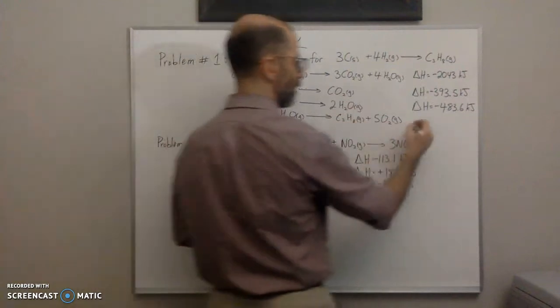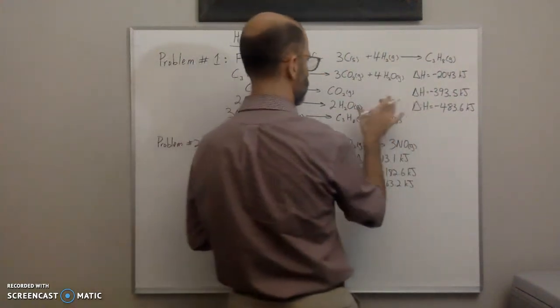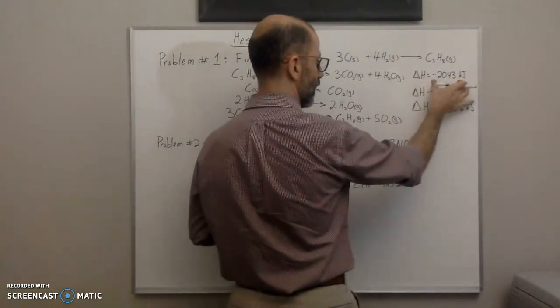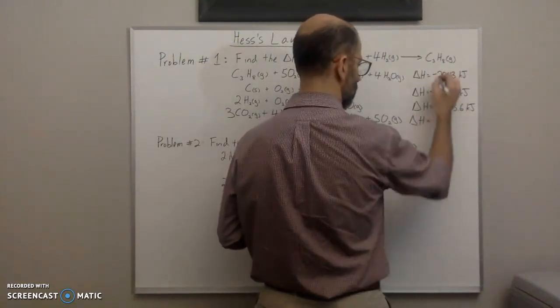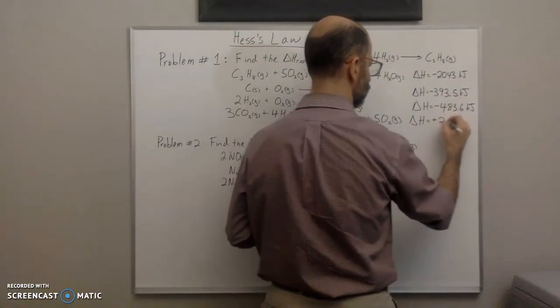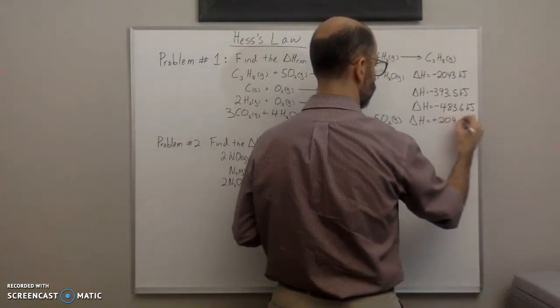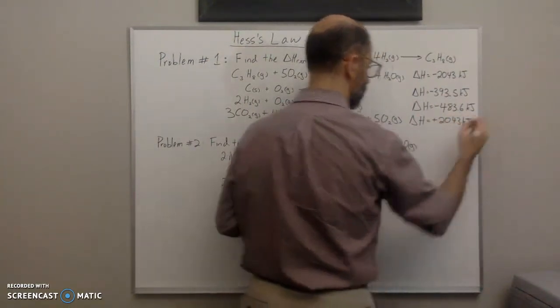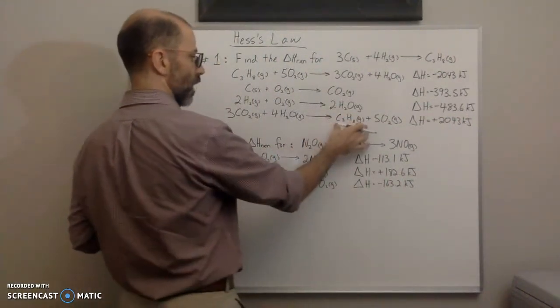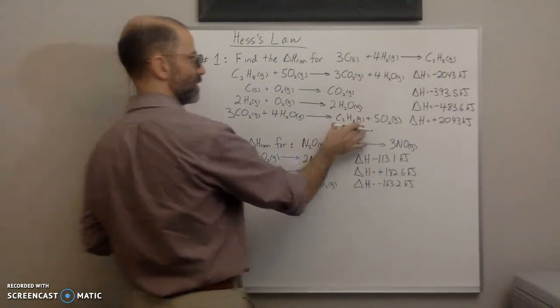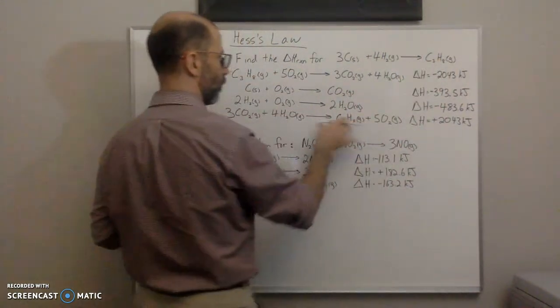If we reverse this reaction, remember we have to take the opposite sign of the delta H. So the delta H of this one is going to be positive 2043 kilojoules. All right, so now we have our C3H8, our propane, as a product, which is what we want.